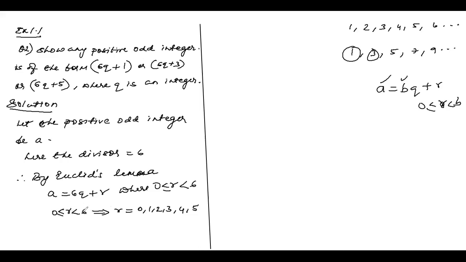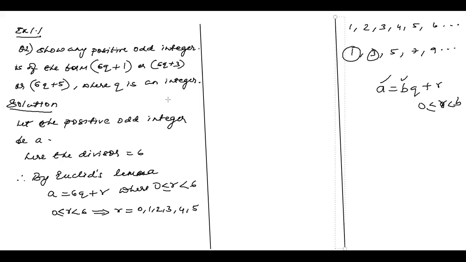Got it? Or greater than 0. So r can be 0 or greater than 0. This less than 6 implies r is equal to 0, 1, 2, 3, 4, 5. Therefore, now what I'm saying, children, just have a look here. When I consider, very important, children, try to understand.